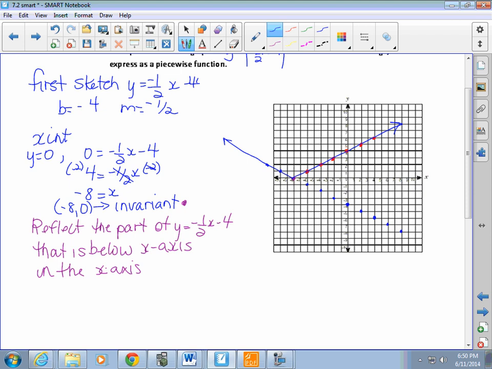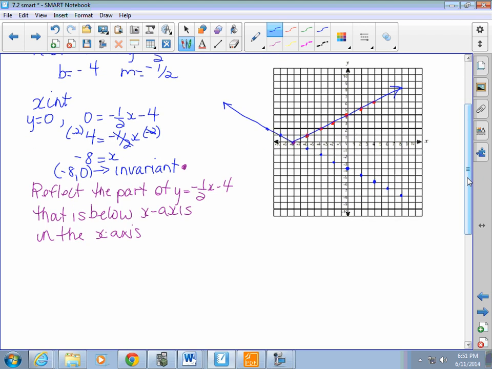First you graph the function without the absolute value, then you find your invariant point, the point that's going to be common to both the graph without the absolute value and the absolute value graph. Then you plot your reflection points and make your V.